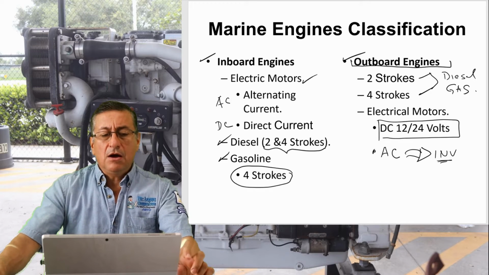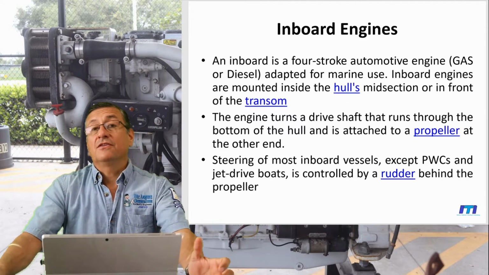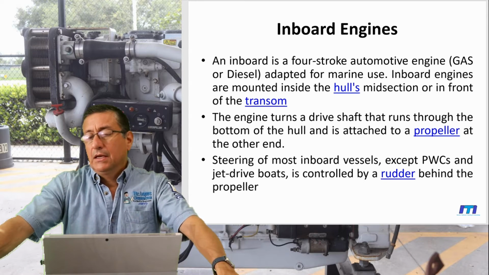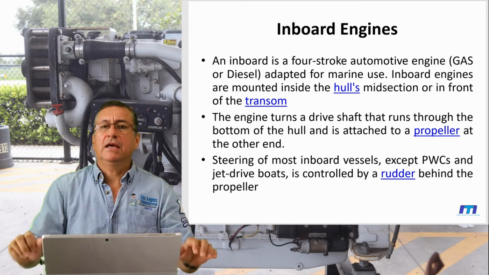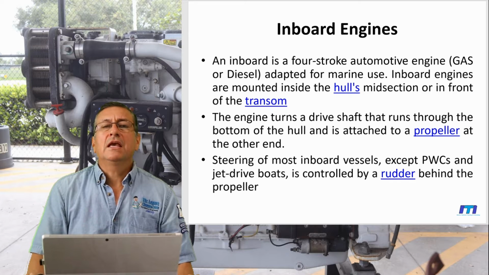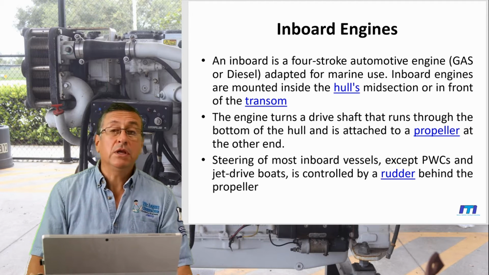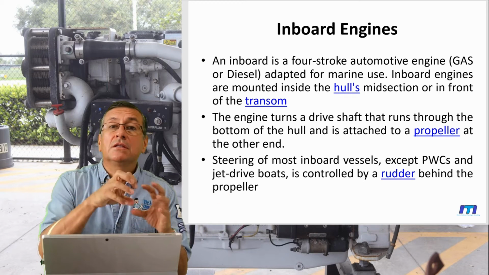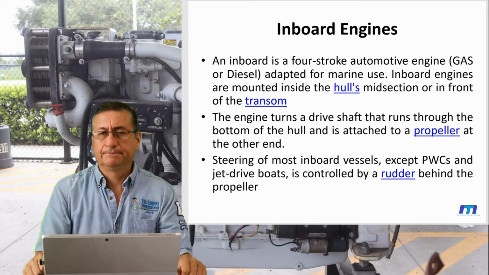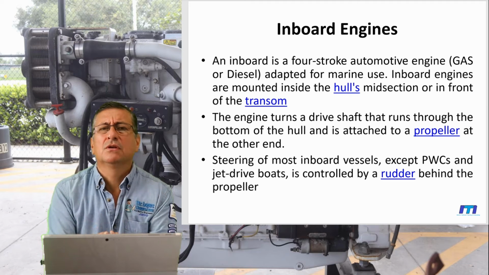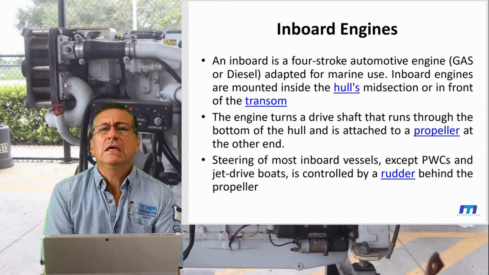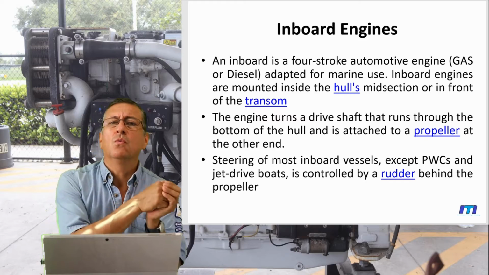Okay, my friends, now we are going to check the definition of an inboard engine. I repeat again and again in different videos that the marine inboard engines are automotive engines adapted to work in a boat. What is the adaptation? What type of change do you need in an automotive engine in order to work in a boat?